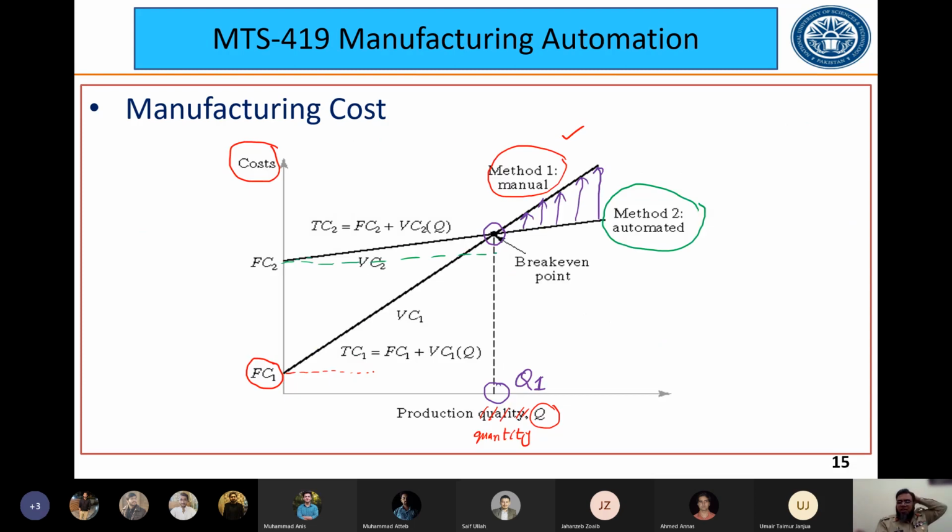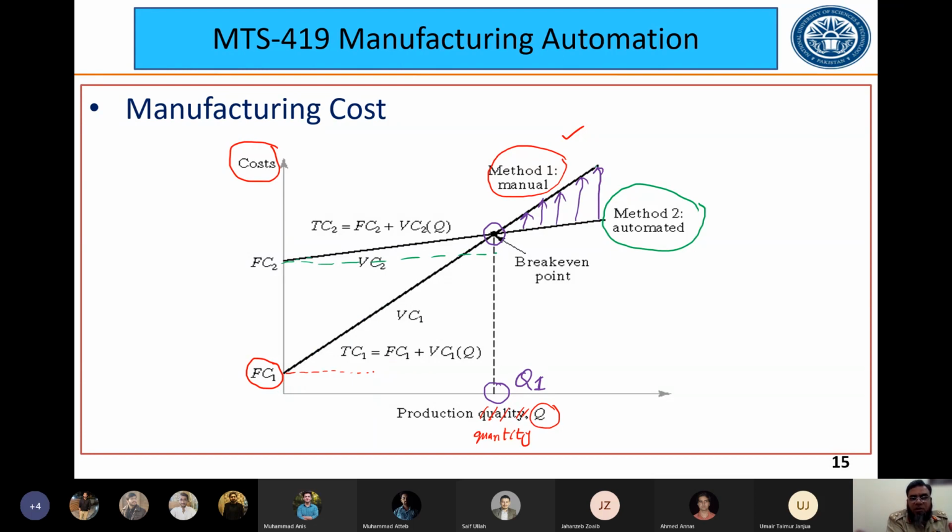So let us see here the diagram, where we have on the x-axis the production quantity Q, and on the y-axis we have the costs. So there is one model here which you can see.